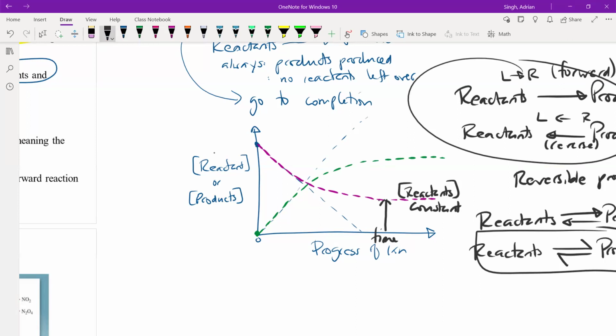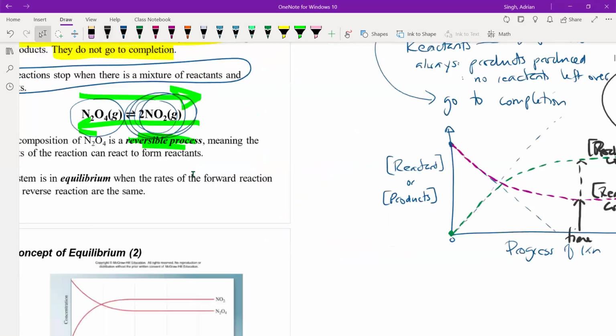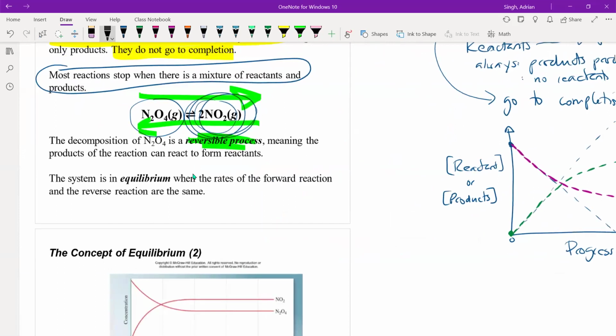And then we also saw at that same time point up here in the green, which is the concentration of the products, that's a flat line as well. So here the concentration of the products was constant also. What we say is when the concentrations of the reactants stay the same, constant, and the concentrations of the products stay the same, we say we have achieved a state of equilibrium. All right, so we say the system is in equilibrium.